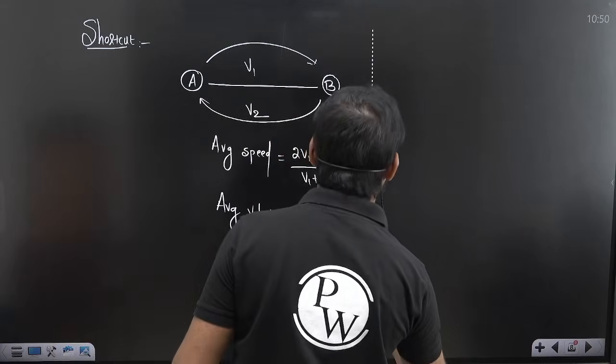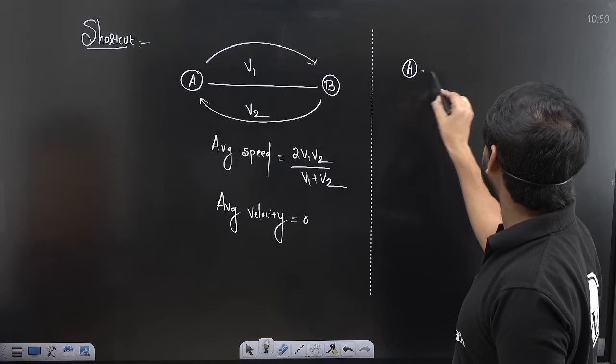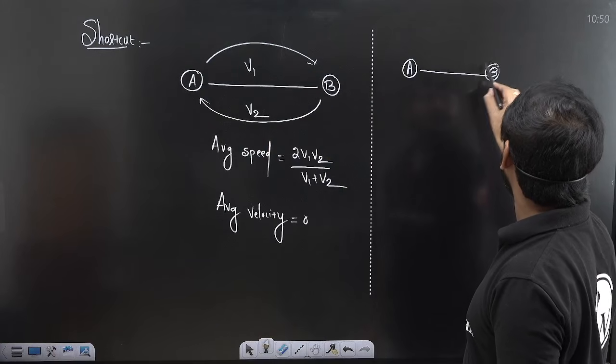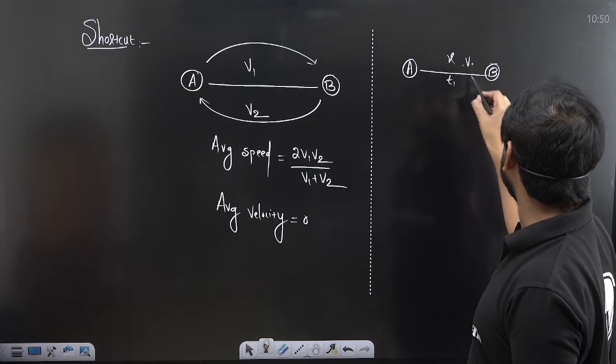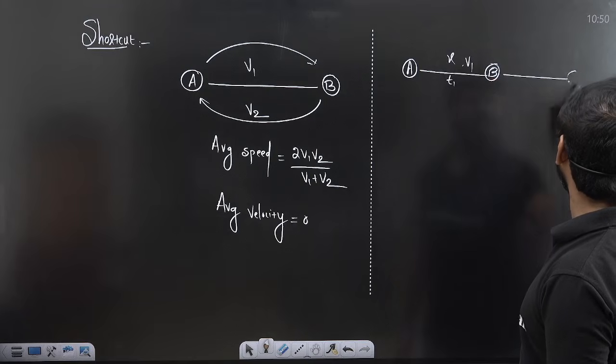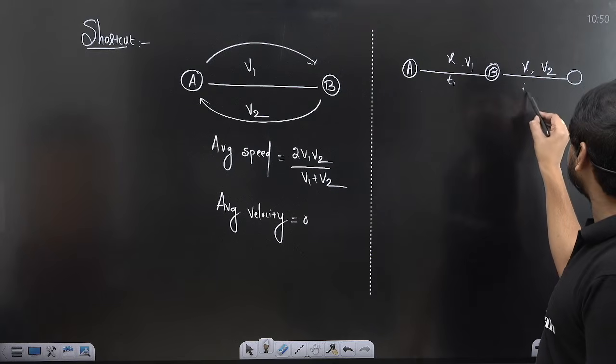Whereas in case 2, if the body covers some equal distance, let's suppose some x distance in time t1 with velocity v1, and again the next equal distance x with some other velocity v2, then it will take some other time t2.